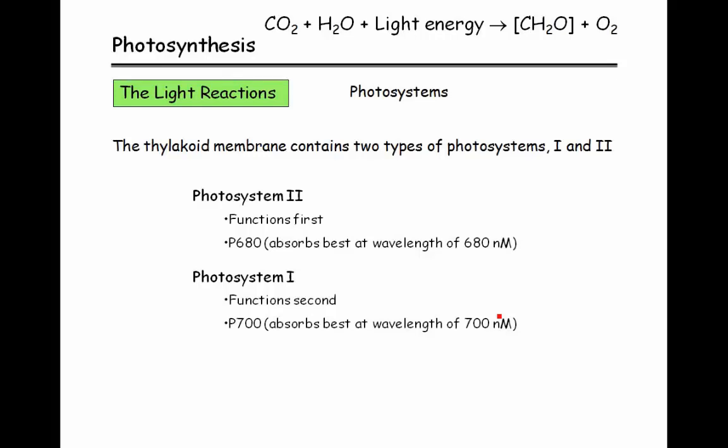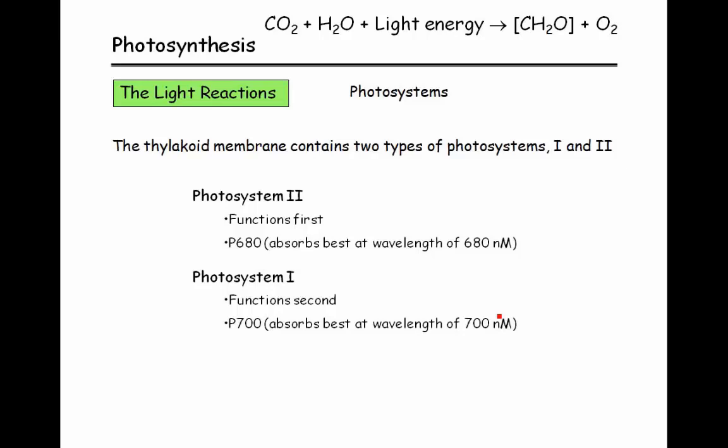Now the names are based on the order they were discovered, so it is opposite of the order they actually function in. And because they do have different pigment assortments, they do have ideal or best wavelengths that are slightly different from each other. So sometimes they are named according to that part of it. Sometimes Photosystem II is called Photosystem 680 or P680, and Photosystem I sometimes called P700.